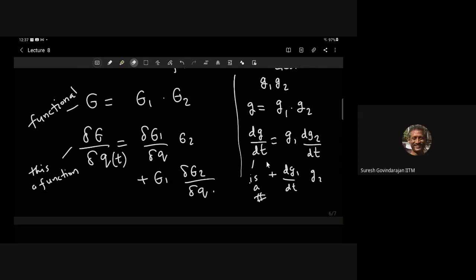So the thing is that there is no time in G. This is what I'm trying to say. It takes as input a function. The function is q. T is some parameter implicit inside q.